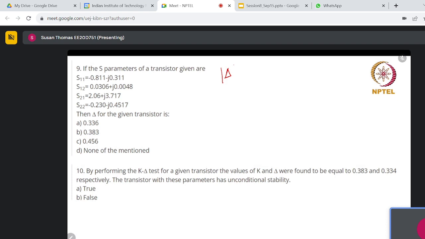We evaluate mod delta, which is the determinant of the matrix S11, S12, S21, S22. So this is S11 S22 minus S12 S21. If you evaluate this, you will get delta. Can you please quickly find this out and give the final answer for delta?